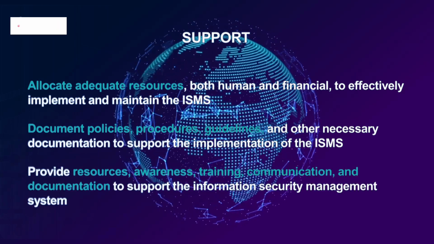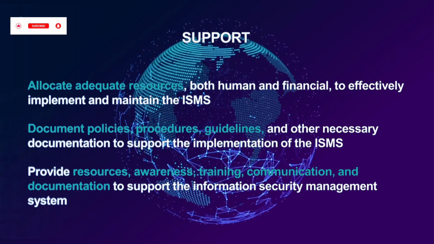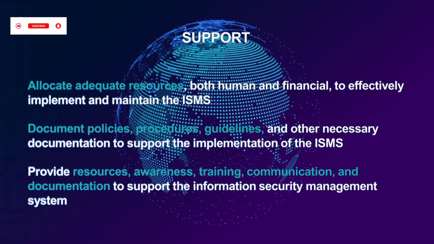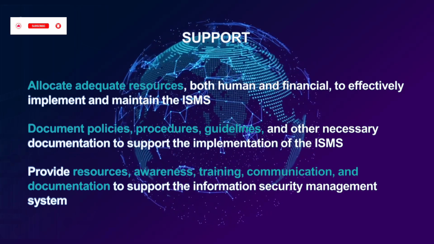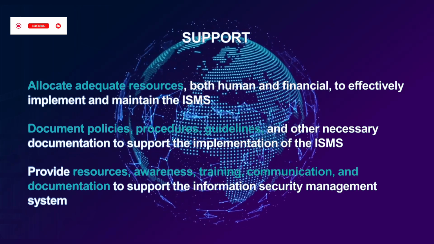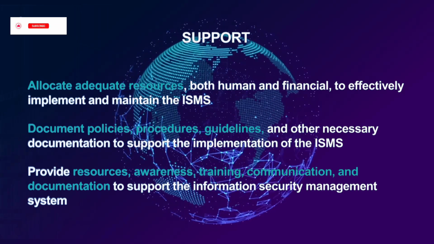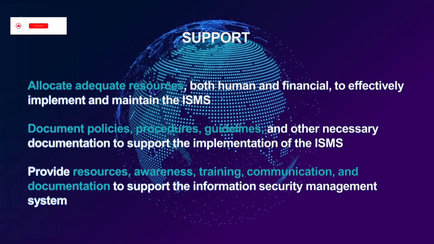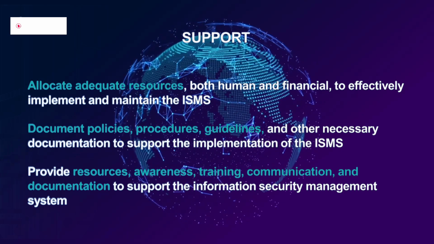So what this means is that once we get the security management system in place, and really it's a security program, if you want to think about it that way, once the security program is in place and everything is running, we want to provide as many resources, awareness training, job training, and we want to communicate as often as possible with our team so that they are aware of what our risks are and what they can and cannot do on the information system.